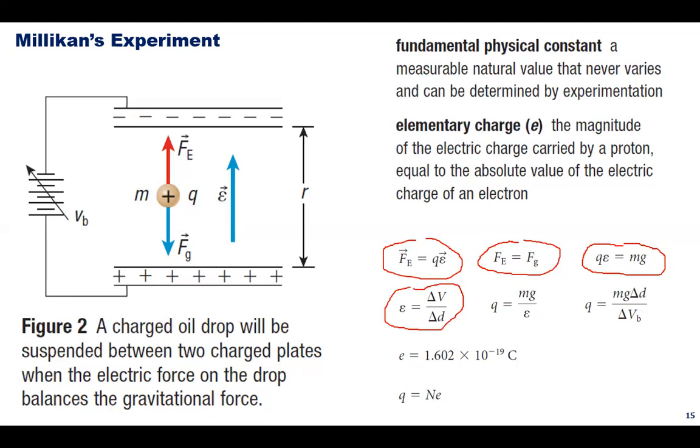Therefore, we can solve for the electric charge of the drop as q equals mg over epsilon, which is mg delta d over delta V_B, right? Where delta V_B is the special value of potential difference that balances the drop. So if we assume that we can measure the potential difference of our batteries and the plate separation, then we'll know the charge of the drop if we can measure the drop's mass.